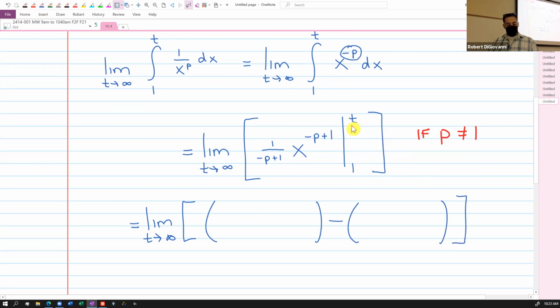I plug t in first for x: negative 1 over negative p plus 1, t to the negative p plus 1. And then on the other one, I plug in 1 for x. So 1 over negative p plus 1 times 1 to the negative p plus 1.